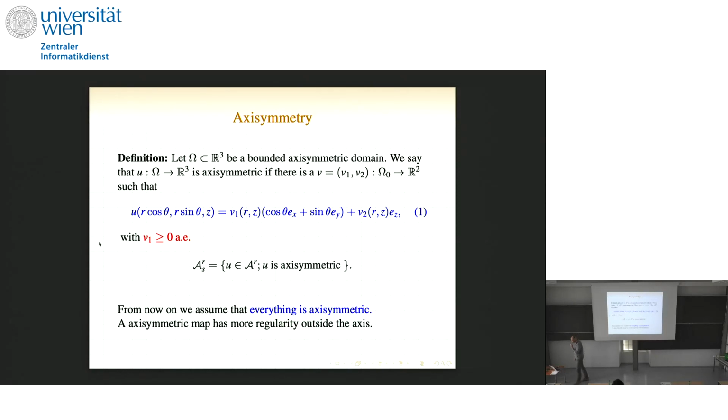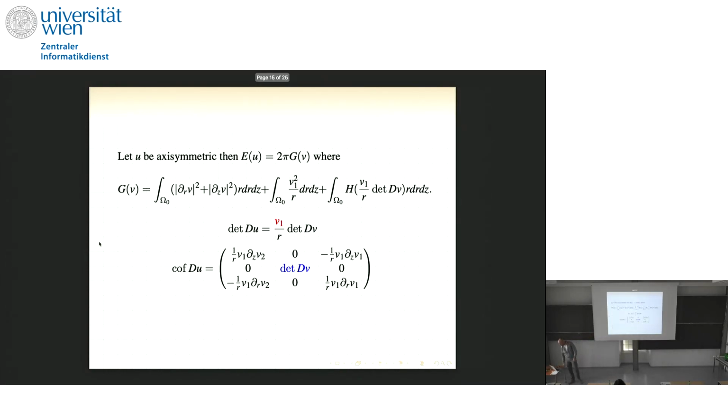Already the axially symmetric case is a bit of a disaster, let me say. In that case, of course, you can use cylindrical coordinates. So more or less, you have a two-dimensional description, and when you describe your problem with these two new coordinates, you see that more or less you remain with a neo-Hookean energy, and at least when you are a bit far from the axis, all looks fine.